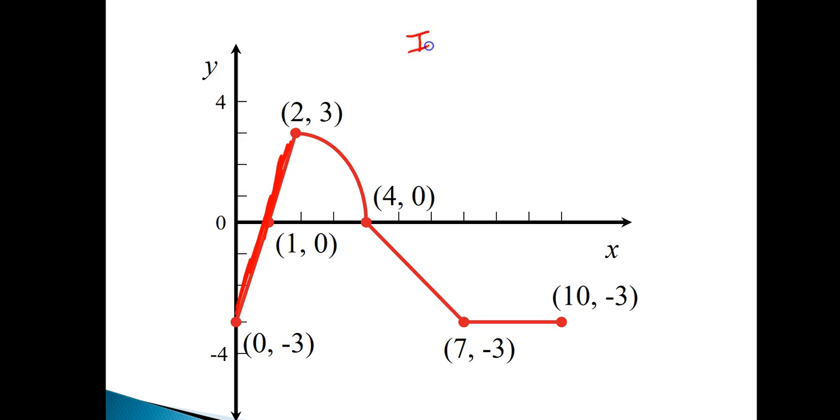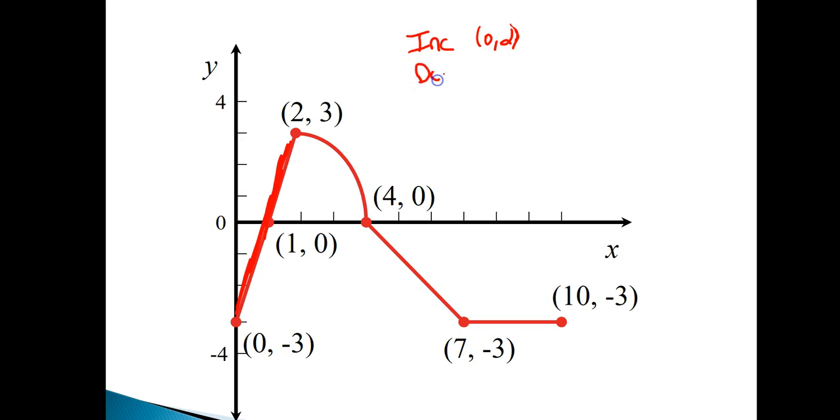So we would say it is increasing from 0 to 2. We are only interested in the x values. We're not interested in the y values, just in the x values. Now, where is the function decreasing?